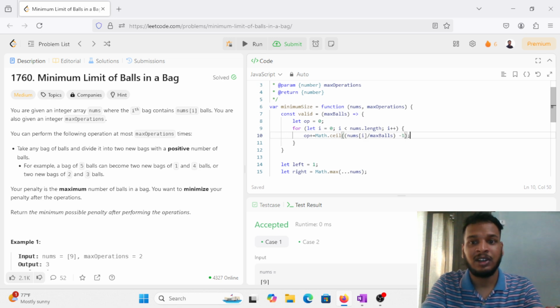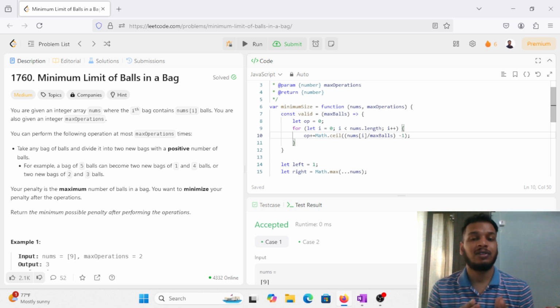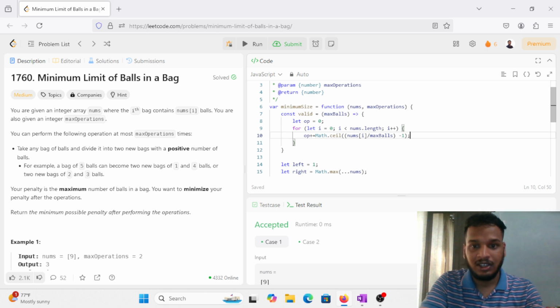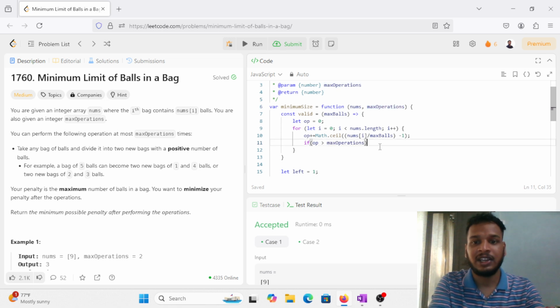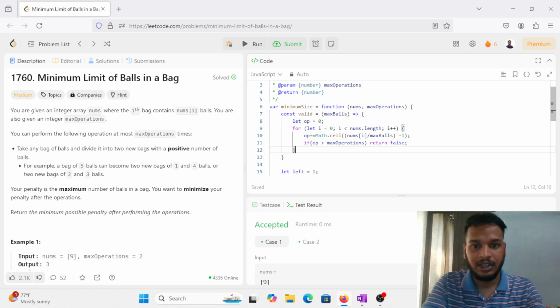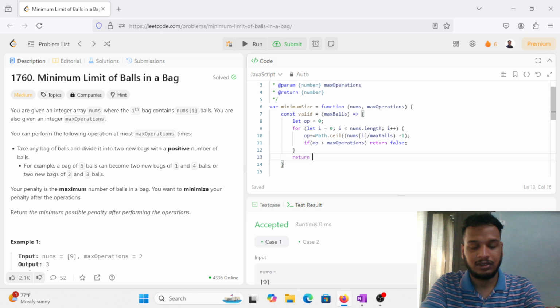I have to minus 1 because, as I said, 9 can be 3 3 3. And if this operations is greater than max operations, I can return false. Else I can return true.